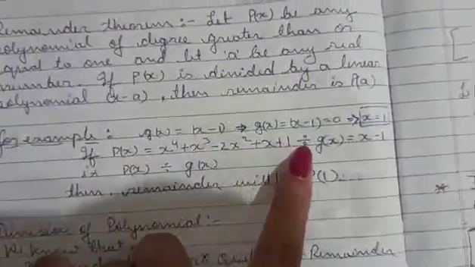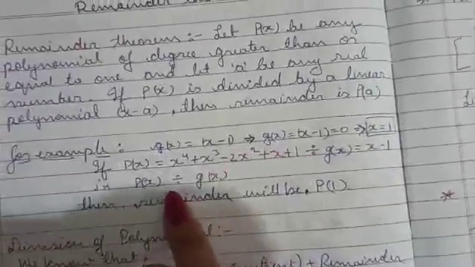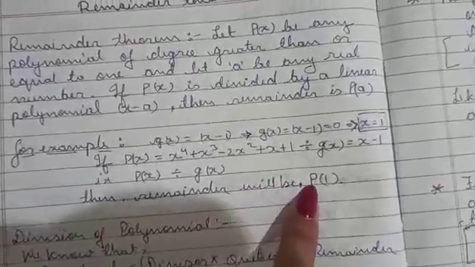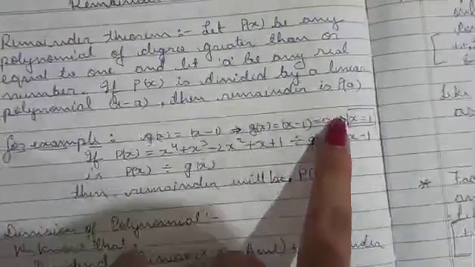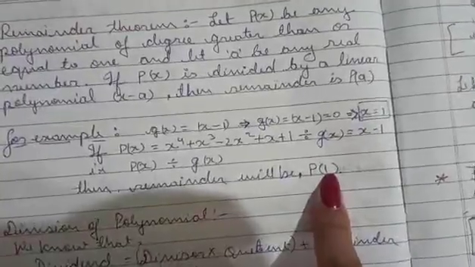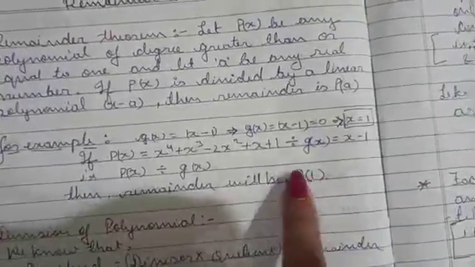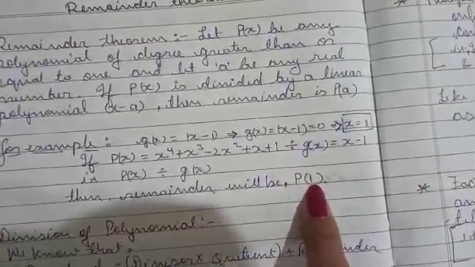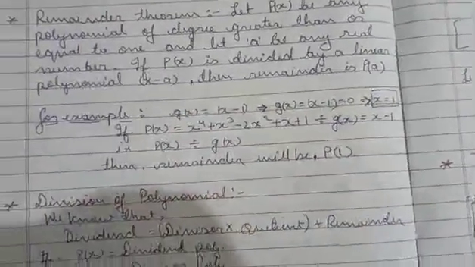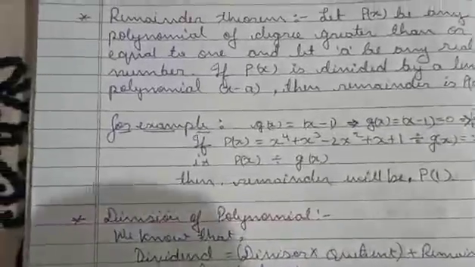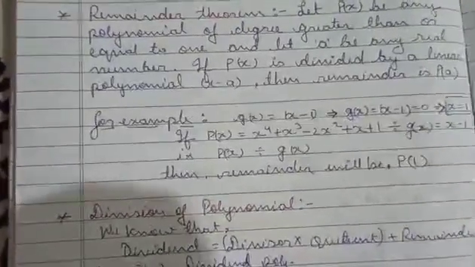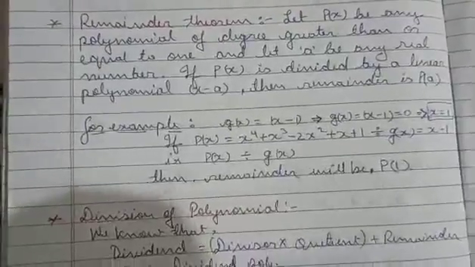When p(x) is divided by g(x), the remainder will be the value of the polynomial at x equals 1, which we got by equating g(x) to 0. So this is the remainder theorem: if we are dividing two polynomials p(x) and g(x), then without actually performing the division, we can get the remainder.